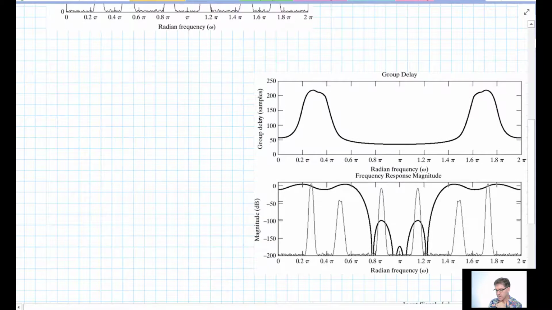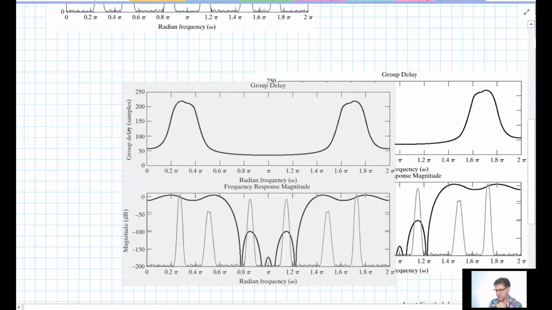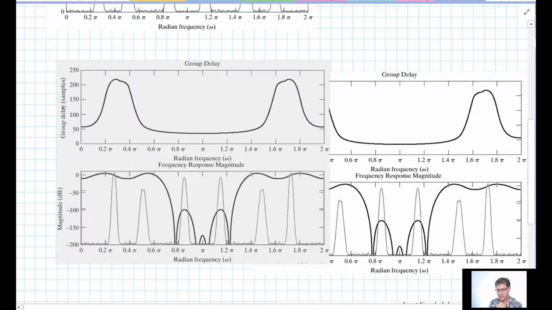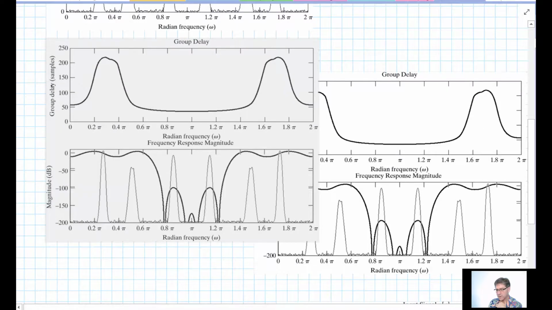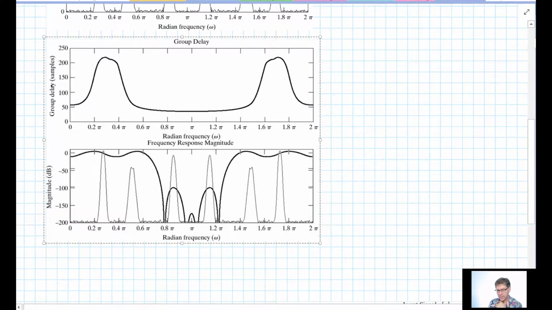So if we now put this into a filter having a group delay as shown and a magnitude response as shown, our group delay is shown up here on the top. It shows that we have a group delay of over 200 samples for this little mid-range of frequencies, and very few, around 50 samples, for these other frequencies.